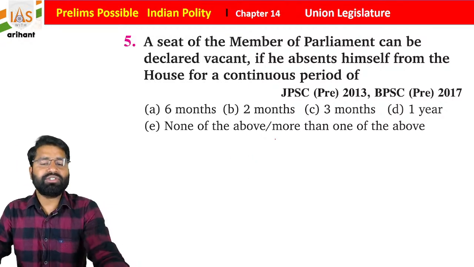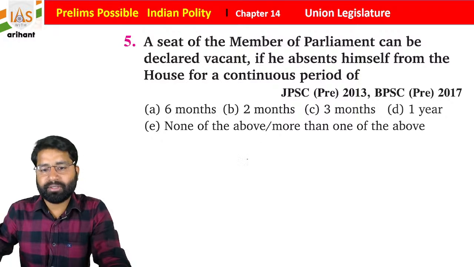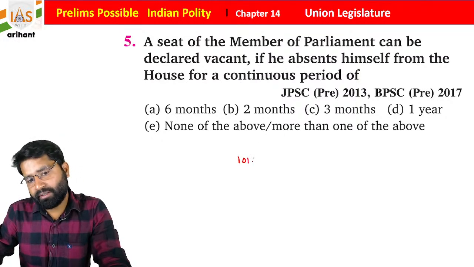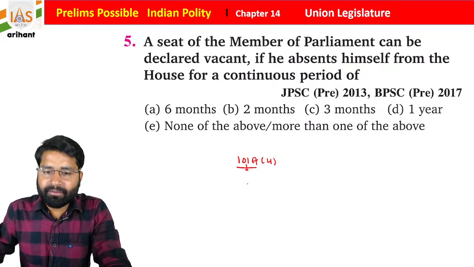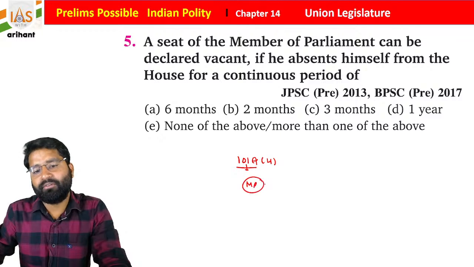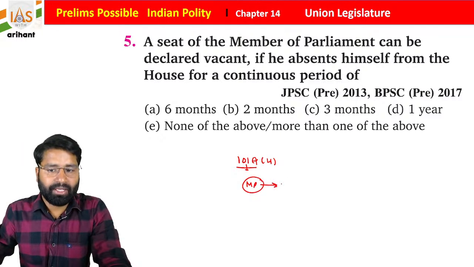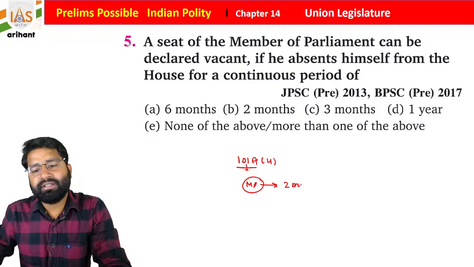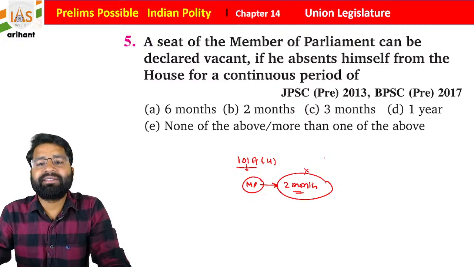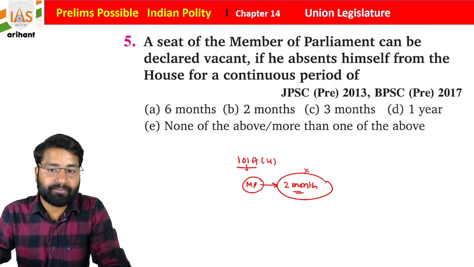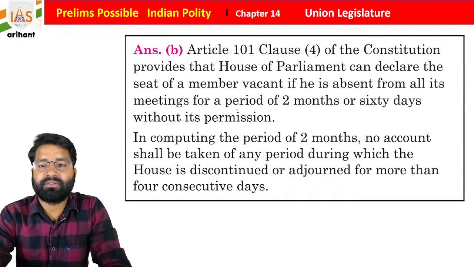Under the same provision, Article 101 clause 4, it is mentioned that if any member of Parliament is continuously absent without informing for 2 months, or 60 days, his post is going to be vacant. This is very important. Option B is right.